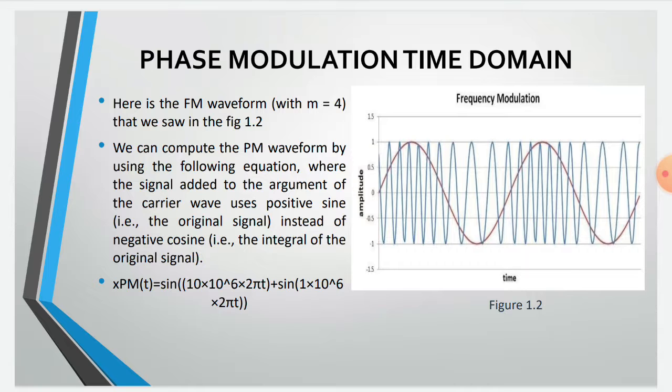We can compute the PM waveform by using the following equation, where the signal added to the argument of the carrier wave uses a positive sign instead of the negative cosine. X sub PM equals sine of 10 times 10 to the 6th times 2 pi t plus sine of 1 times 10 to the 6th times 2 pi t.